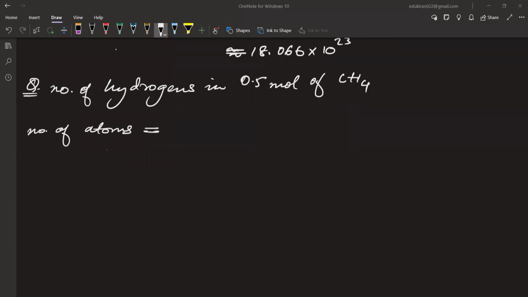Can't hear you. Somebody sent me 12 into 10 to the power 23. Okay, anyone else getting the answer? Fatima, did you get the answer? Sir, 12.044 into 10 raised to 23.